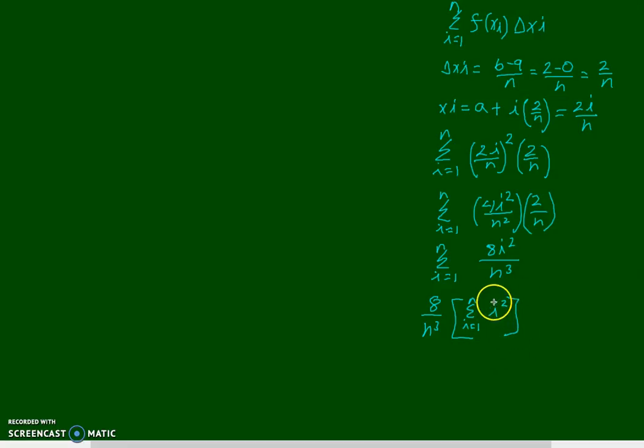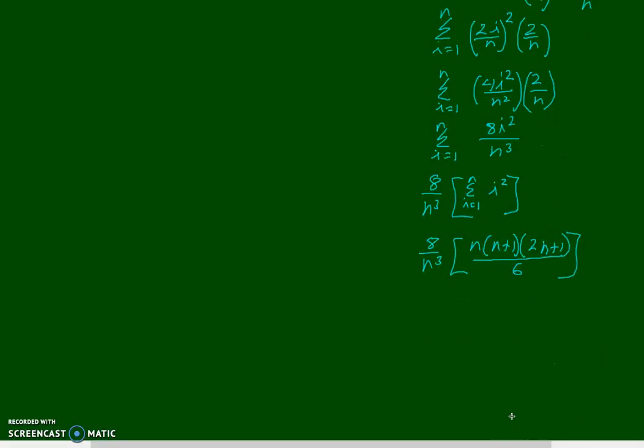Now we use our relationships for the sums of the counting indexes, and we have 8 over n to the third times n plus 1 times 2n plus 1 over 6.